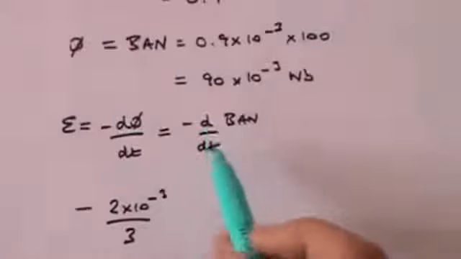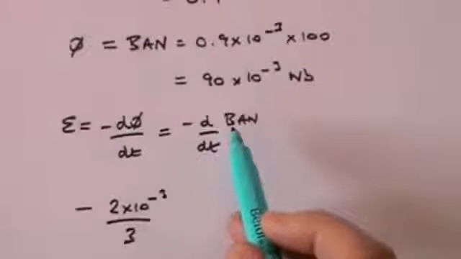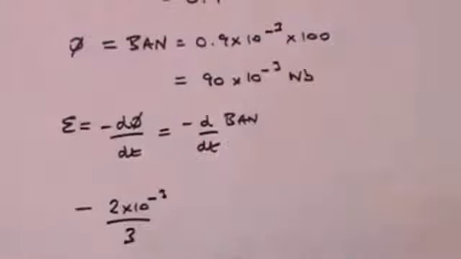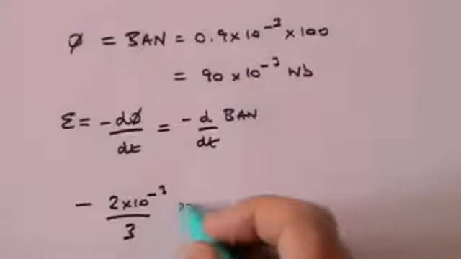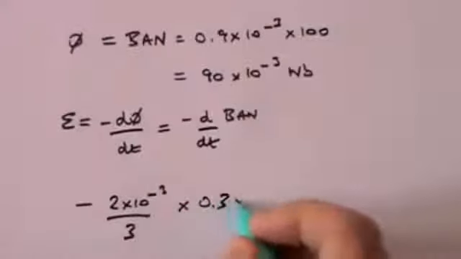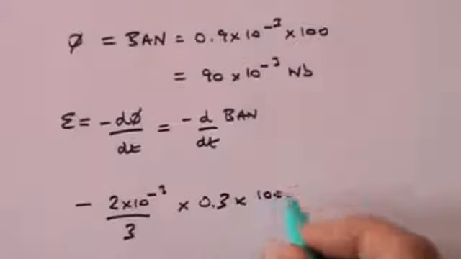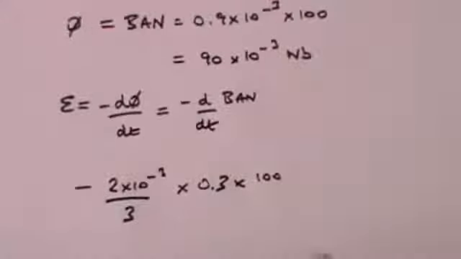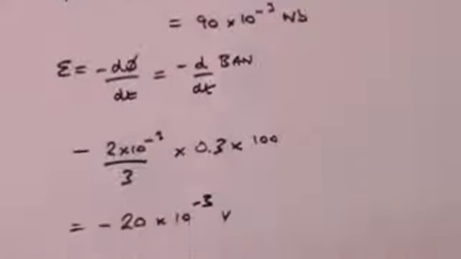So that's essentially dB/dt, the rate of change of B, times the area, which of course is 0.3 meters squared, times N, which is 100, and that will come out at minus 20 times 10 to the minus 3 volts. The minus, of course, purely indicating that it opposes the change that caused it.